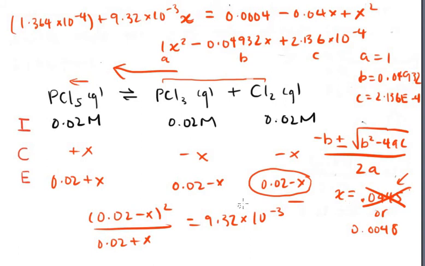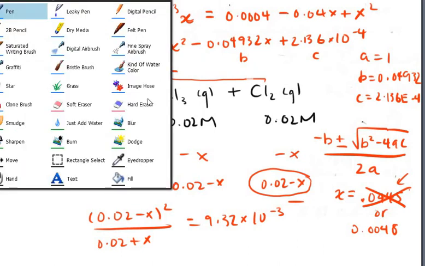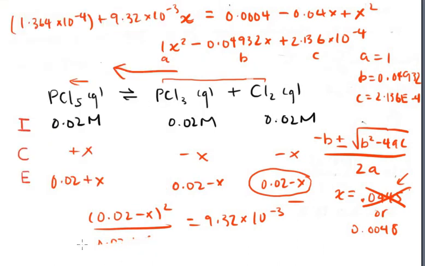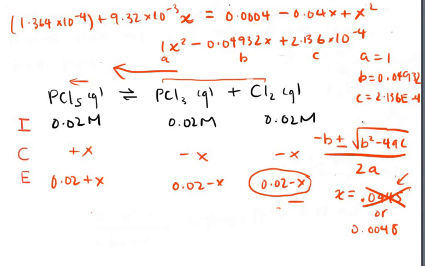So once we find x, we can find each equilibrium concentration. Let me erase everything. Okay. The concentration of Cl2 equals the concentration of PCl3, right?